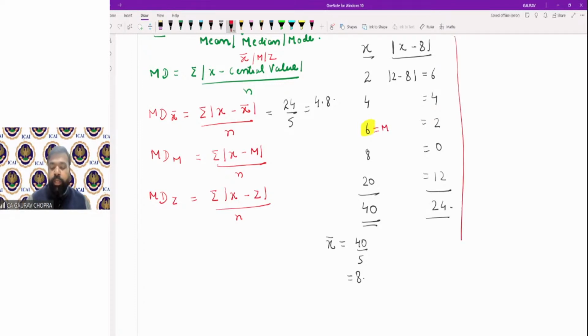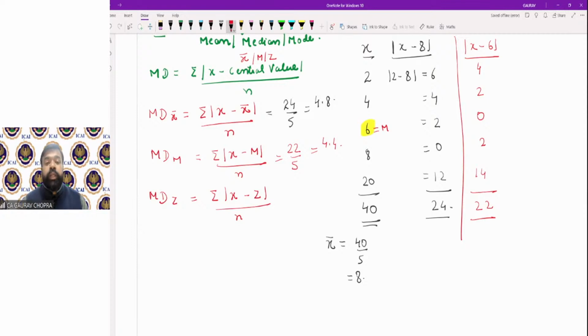Now this time you have to take deviation from median, that is 6. 2 minus 6 is 4, then 2, 0, 2, and then 14. So what is the total? 22. So mean deviation from median will be 22 upon 5. You are getting 4.4.